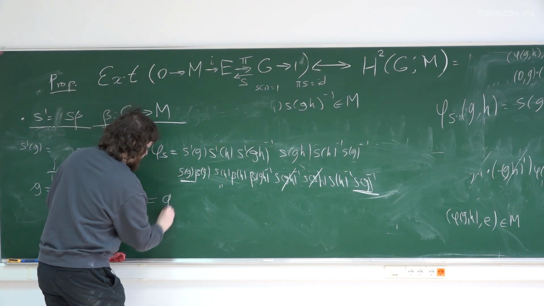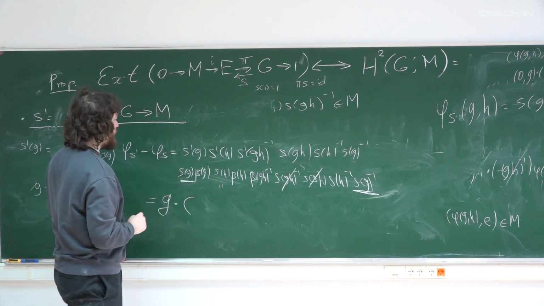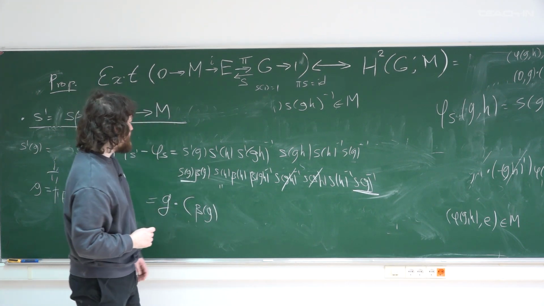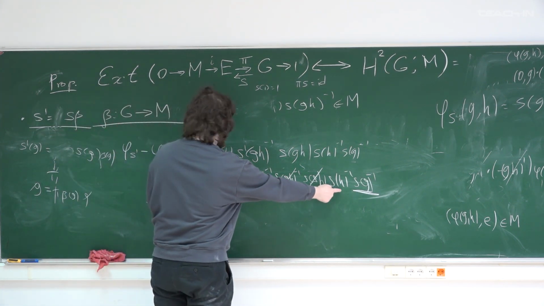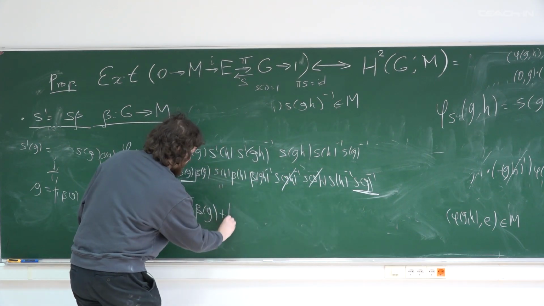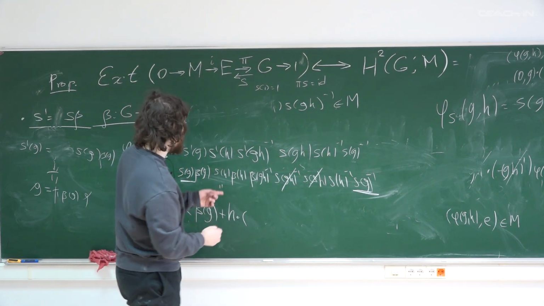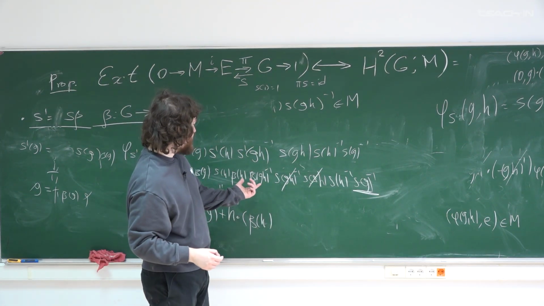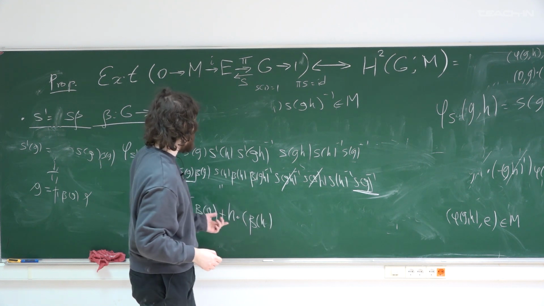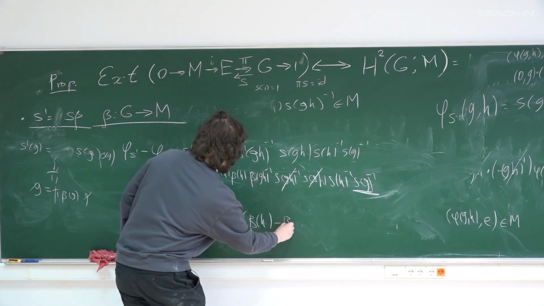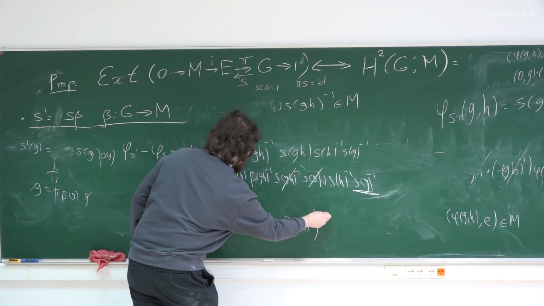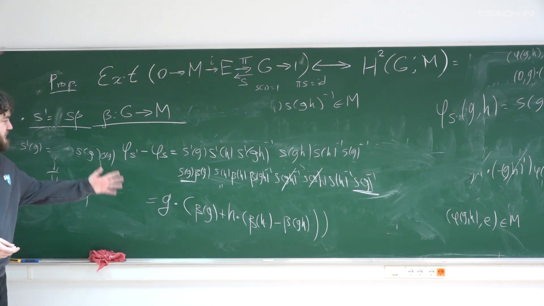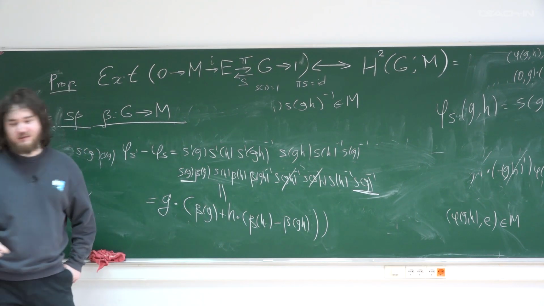So it equals the G action in our M module of beta G, plus the action by H of beta H, plus minus beta GH. What we have is an equality. This is the same thing. Okay?